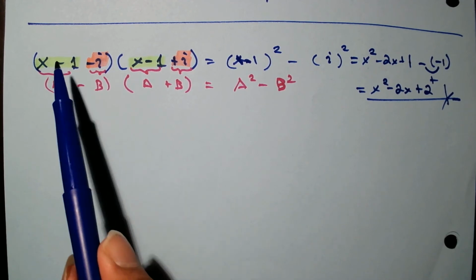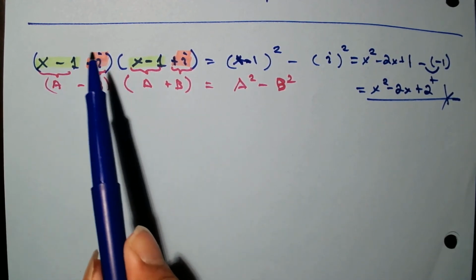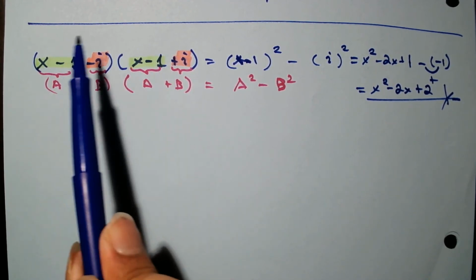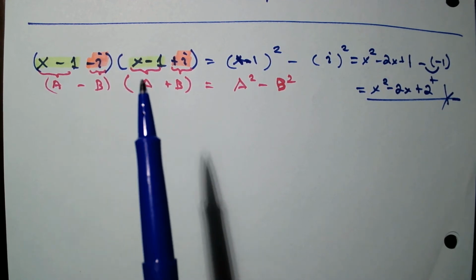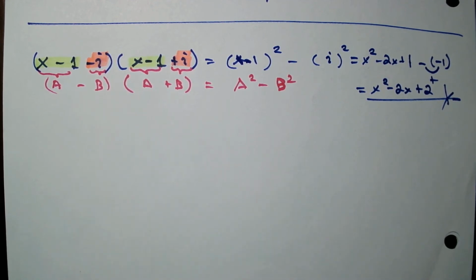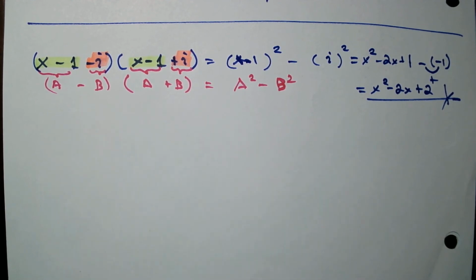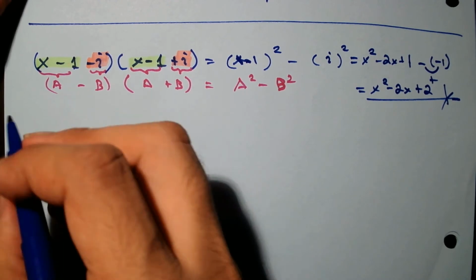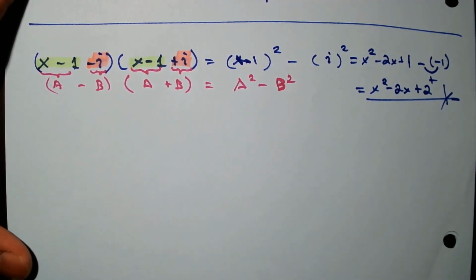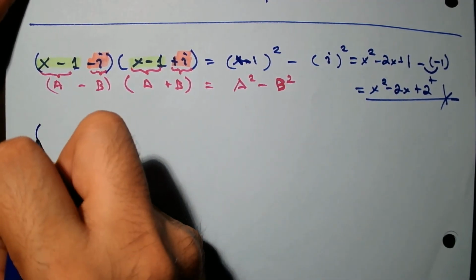But again, if you want to go through the painful process of foiling this, doing this process 9 times, it's up to you. It's going to take you forever. However, I would take advantage of the difference of squares formula. All right, I'm going to make another example here because why not?